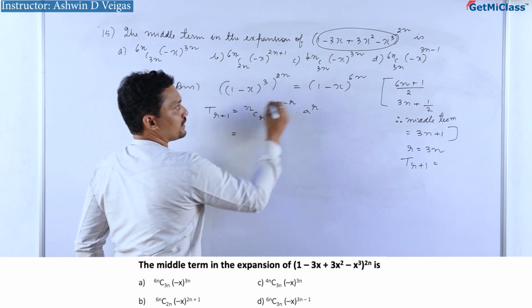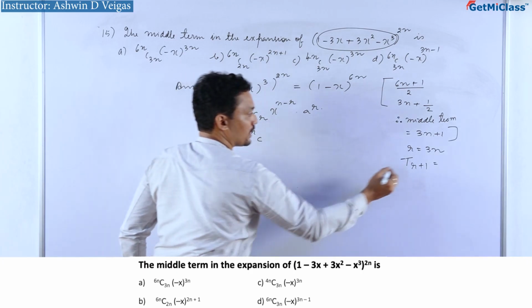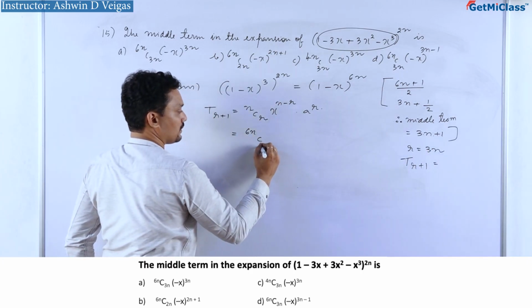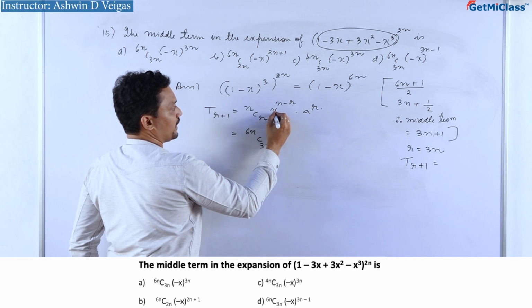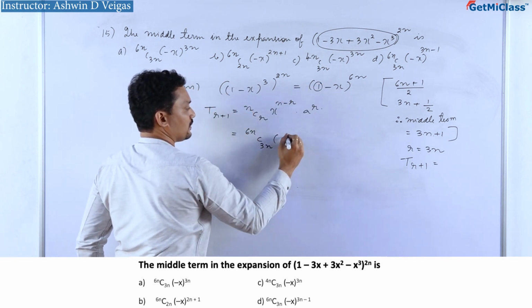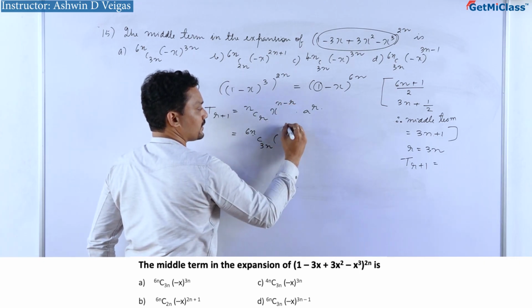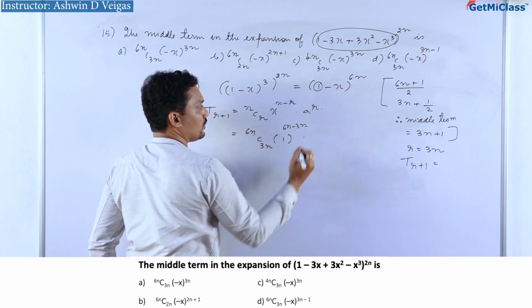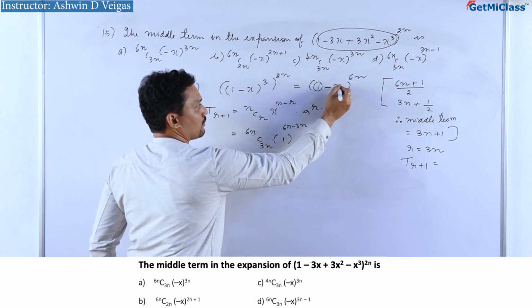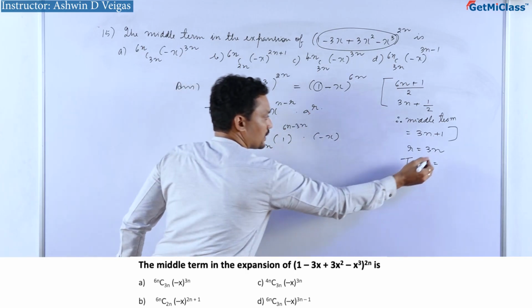Now, the value of n is 6n, so 6n C, the value of r is 3n. The value of x represents the first term here, that is 1, power n - r, that is the difference 6n - 3n, into a, which is nothing but -x, power r, again 3n.